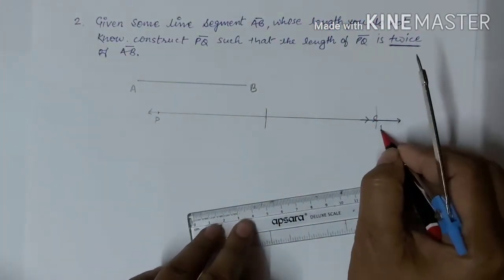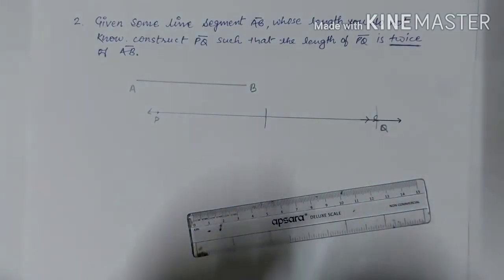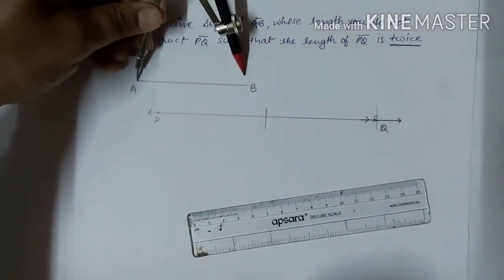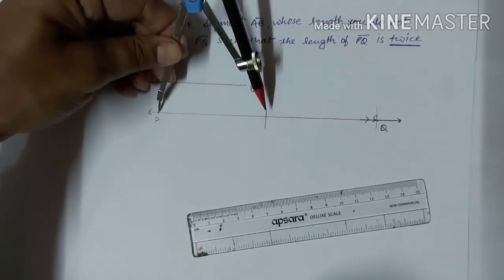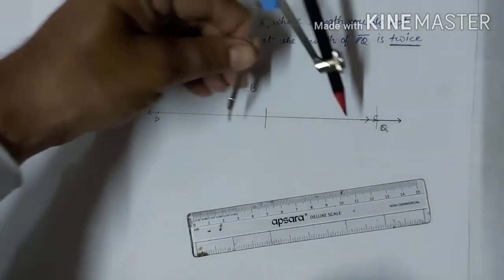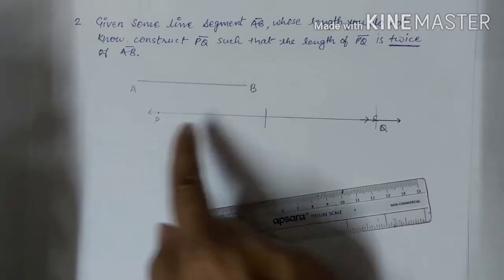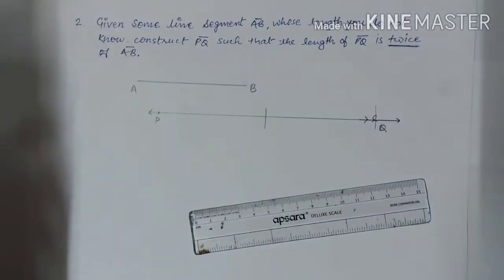That means it is the point Q, because the first time you take the length of AB and the second time again, two times, it means the length of PQ is twice AB.